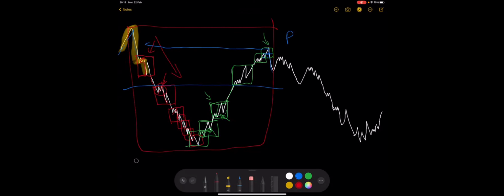Now, what sub range do we have? You have this sell sub range here. This whole buy to sell, and now that gets mitigated. And within that, we have another sell sub range, another sell sub range.